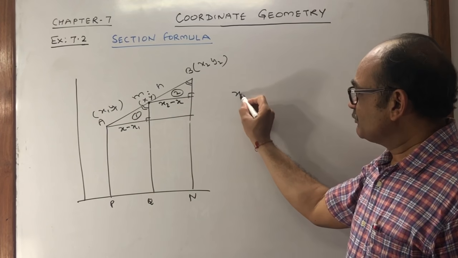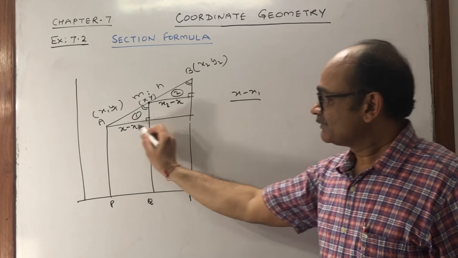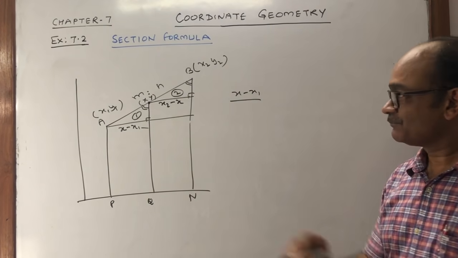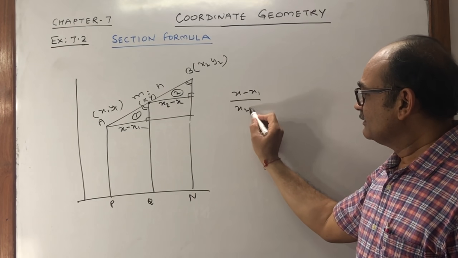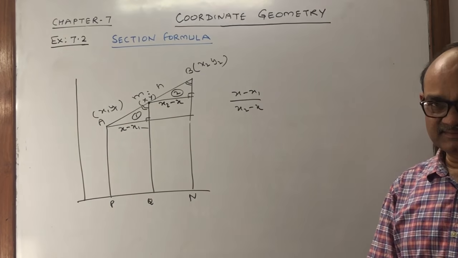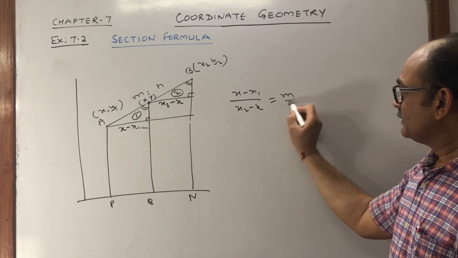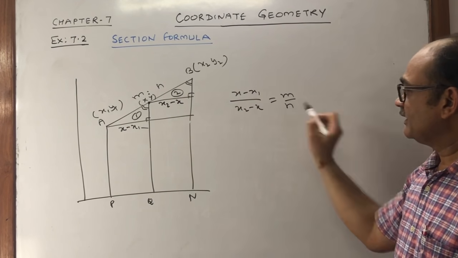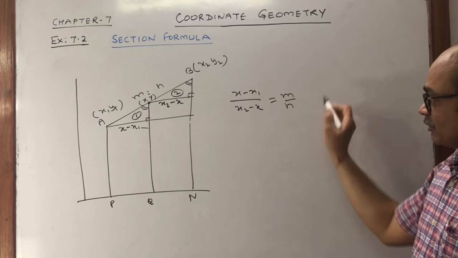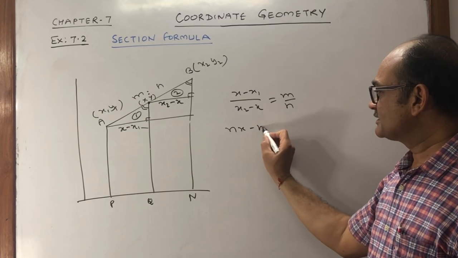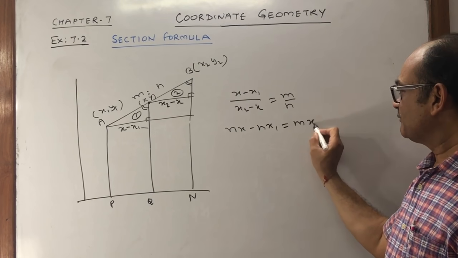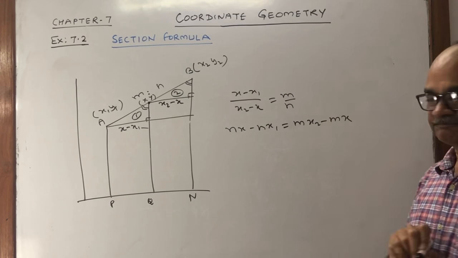x minus x1 is the perpendicular, divided by the perpendicular x2 minus x. Hypotenuse is given in the m ratio and in the n ratio. Now cross multiply: nx minus nx1 equals mx2 minus mx.